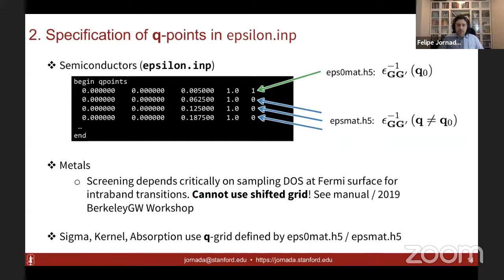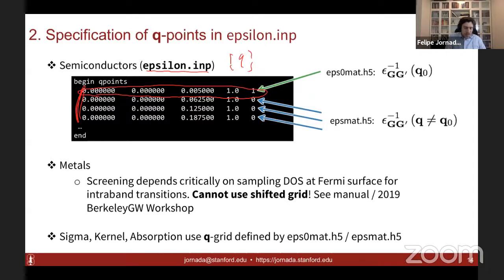The way that this works in an actual calculation is that in the input file called epsilon.inp, which is the file that tells the code to compute the dielectric matrix, you have to specify all the q points, basically the set of wave vectors q. The first wave vector is the one associated with q equals 0, or q going to 0.